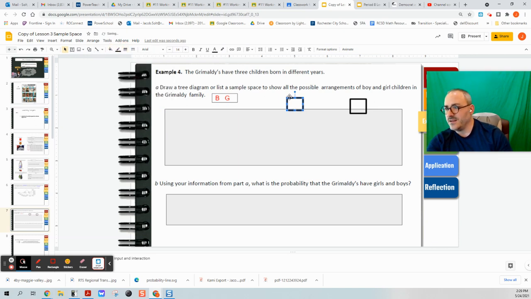Now I have to make these kind of far apart. Now I'm going to copy and paste. I need to move this, either there or there.